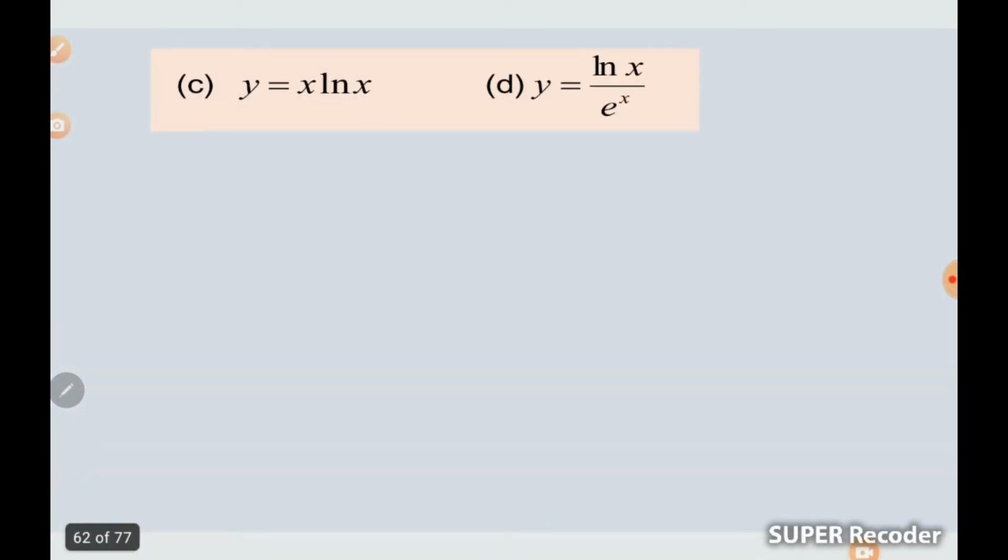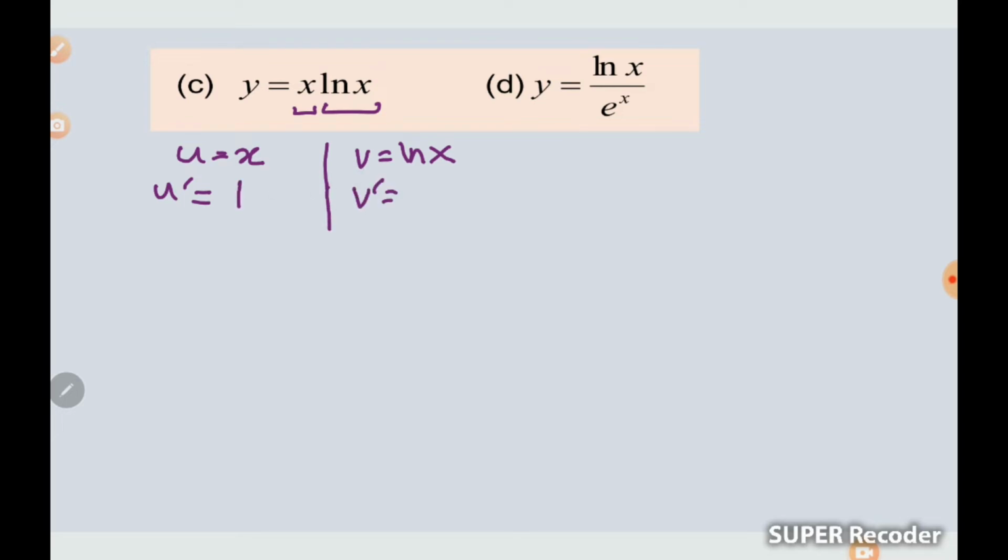Okay, C. Given y equals x ln x. We will use the product rule again, by letting u equals x and v equals ln x. Differentiate u prime, or du/dx: differentiating x gives 1.